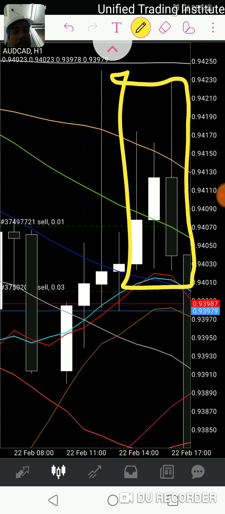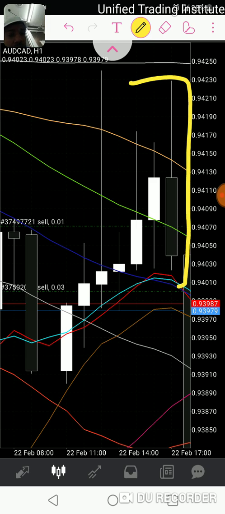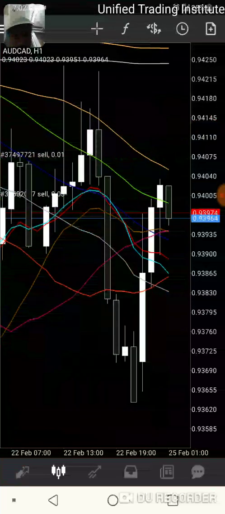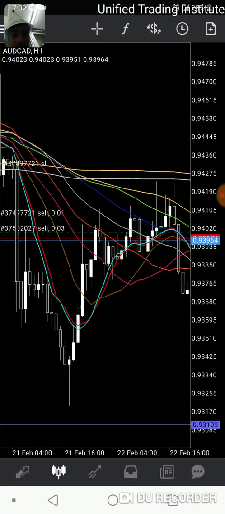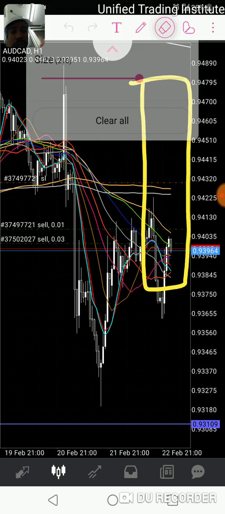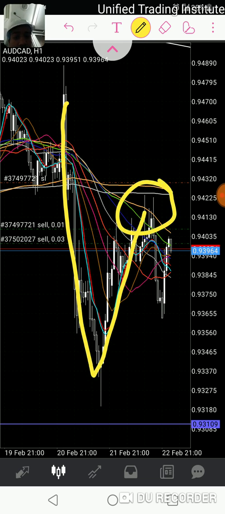But what happened in that wick? We had a bullish engulfing candle right here. This is a bullish engulfing candlestick pattern, and it happened at the top of the retrace. Just to keep everybody informed, we had a down retrace, and in that retrace we had a bearish engulfing.